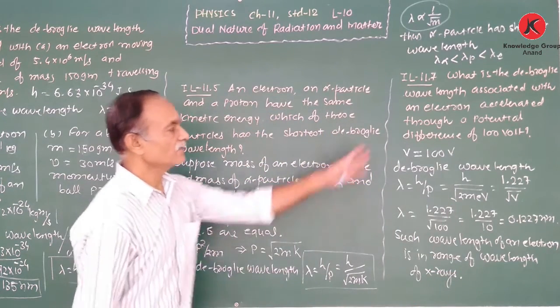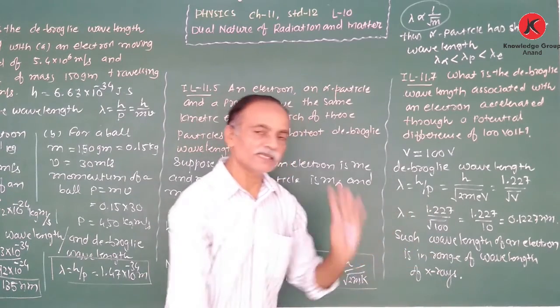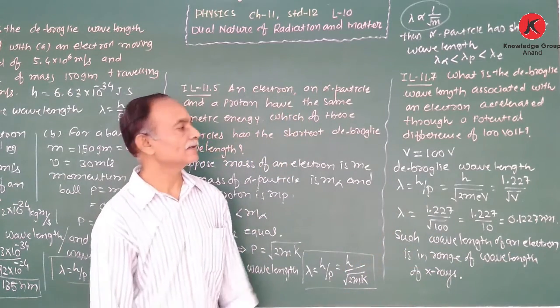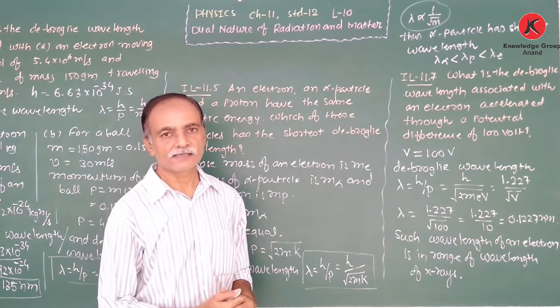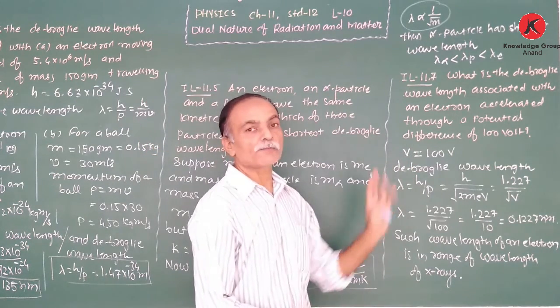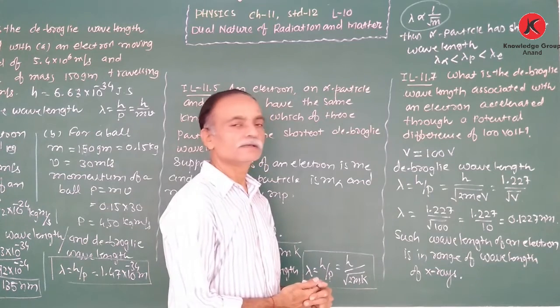Is this clear? So it is a very short numerical, frequently asked in objective type questions, for 2 marks in all.